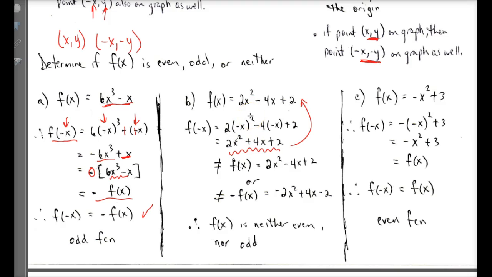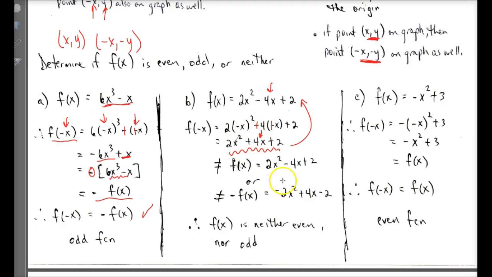So a positive x squared times 2 is 2x squared. A negative 4x times a negative x is a positive 4x, because a negative times a negative is a positive, okay? And so now you can see that all the terms, whenever we plug it in for the original function, match except for the 4x term, okay?